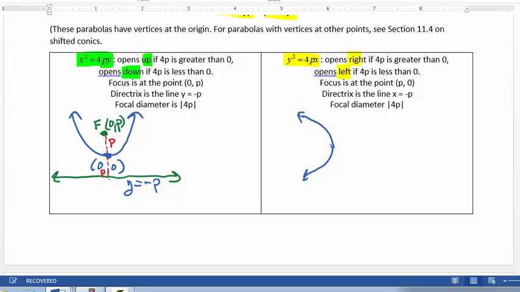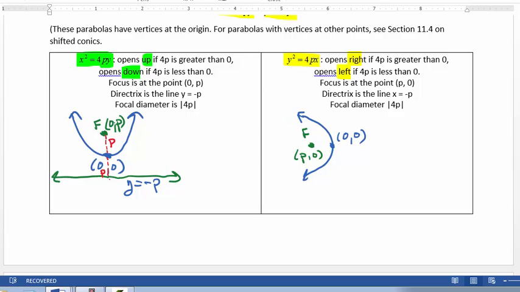Right? Again, this is the vertex, so this is the point (0, 0). All right? And of course, over here, inside the curve, you would have this focus, and the focus is actually going to be the point (P, 0) again, right?